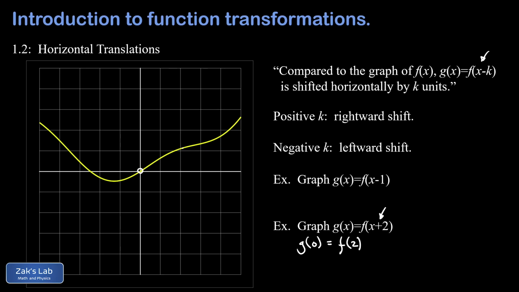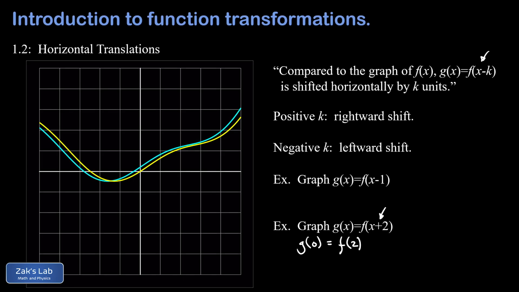In other words, we take this vertical value on the graph of f(x), sitting here at x equals 2, and we move it over 2 spaces to the left, and we have our first point on the graph of g(x). It's going to continue this way for every value of x we choose. We're going to grab the y value from the graph of f and move it over 2 spaces to the left. And this results in a horizontal translation to the left by 2 units.